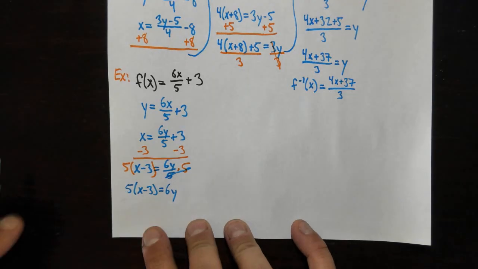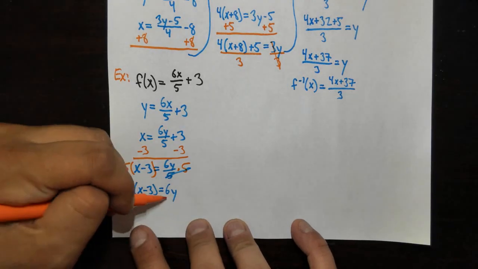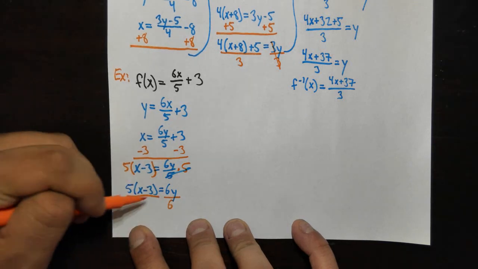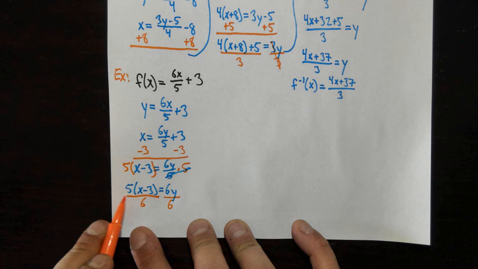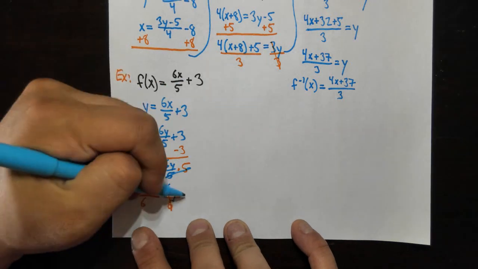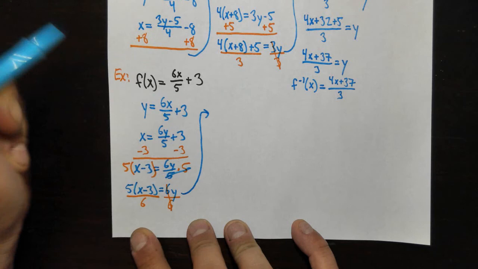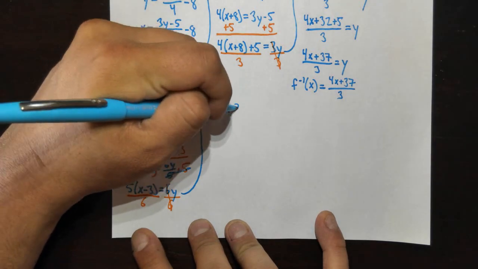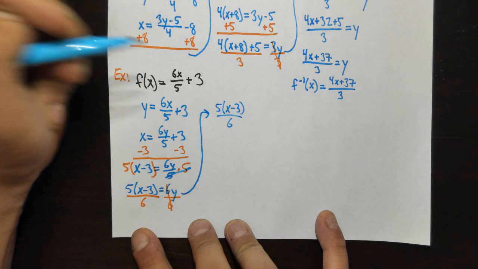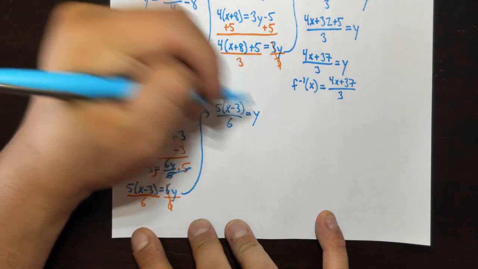And then we can divide both sides by 6 because y is currently being multiplied by 6, so let's do the opposite operation. And we're dividing the whole left side by 6, so make sure you do that. I'll bring myself up here for room. So we have 5 times (x minus 3) over 6 is equal to y.